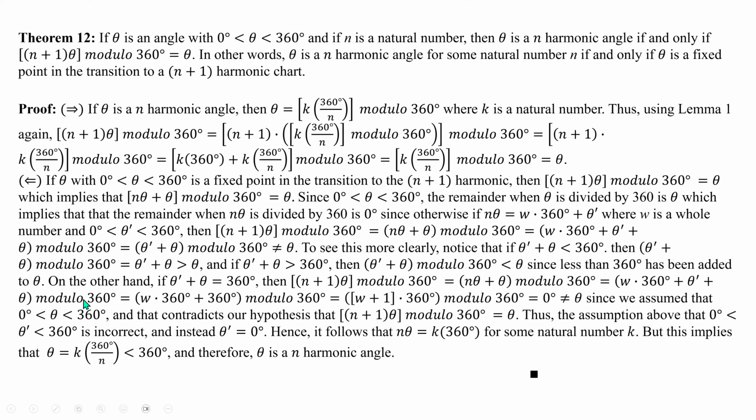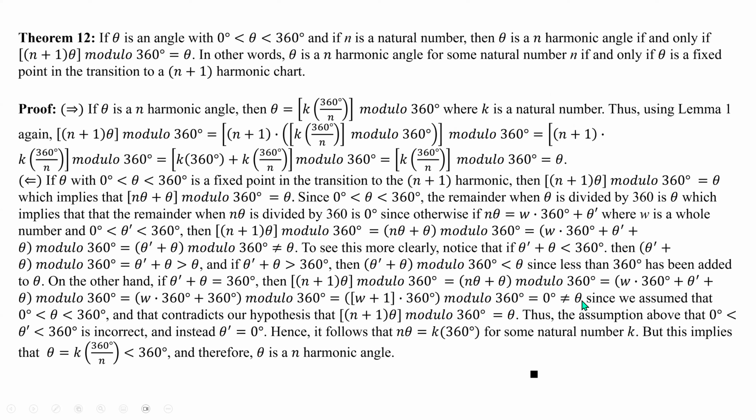And when you do this modulo 360 degrees, if theta prime plus theta is 360, then this comes out to w times 360 degrees plus 360 degrees. You can factor out the 360 degrees, right? That is w plus 1 in brackets times 360 degrees.